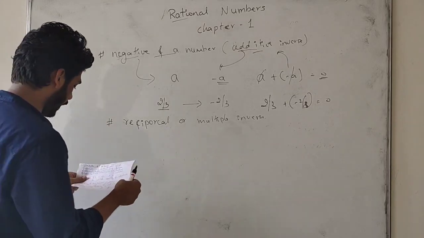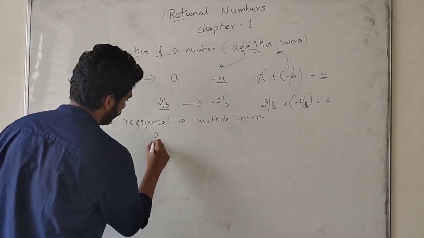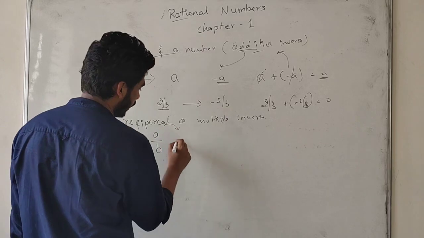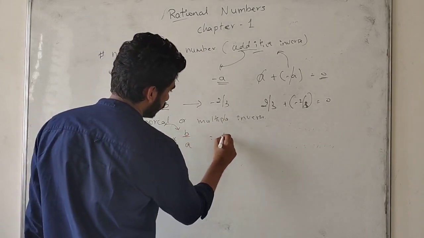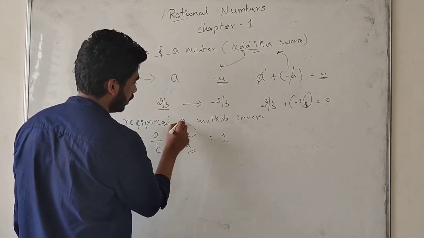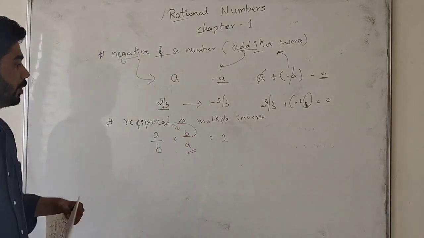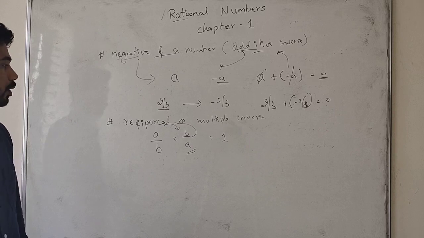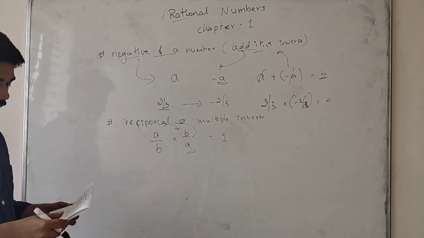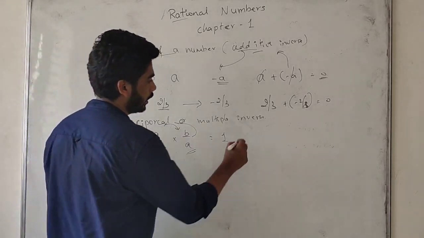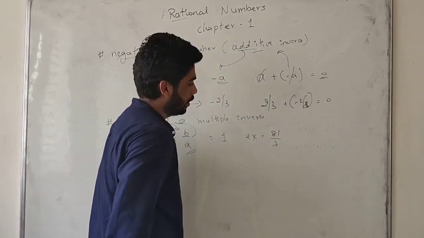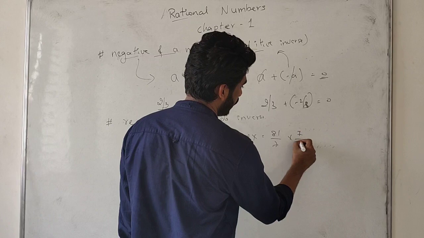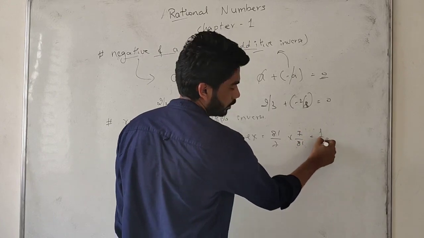For example, we take a by b. We reciprocate it, multiplying it by b by a. This is called the reciprocal. For example, we take 81 by 7. If we take the reciprocal, we get 7 by 81, and the product is 1.